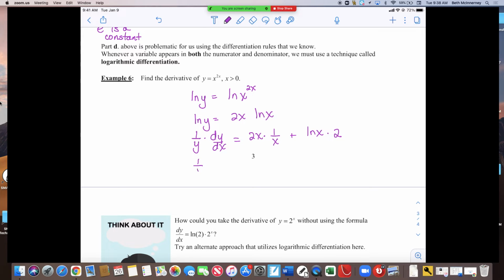So that's 1 over y dy dx. Here the x's cancel, and I get 2 plus 2 natural log x. But then you're going to multiply both sides by y. And we know why. Y was x to the 2x.